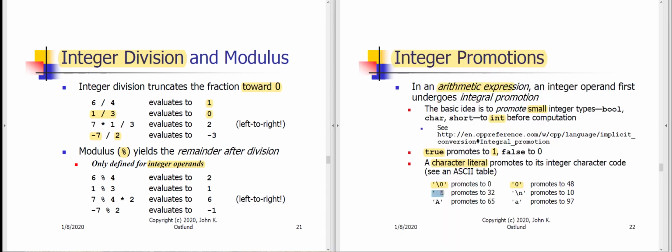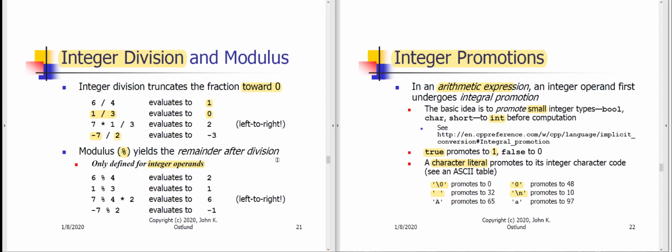Okay, so the space character, as I said, is promoted to an int 32. The newline character, which is represented with \n in C++, just like in Python, or perhaps I should say the reverse, the newline in Python is represented as \n, just like it is in C, C++, and Java. And I pointed out that capital A has an integer value of 65, little a has an integer value of 97 in the ASCII character set.